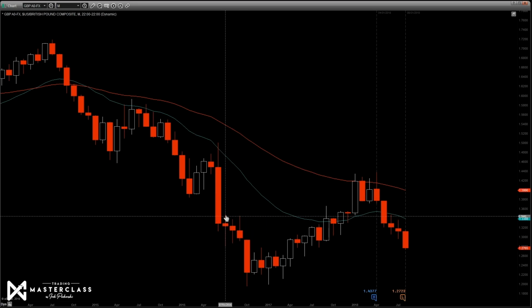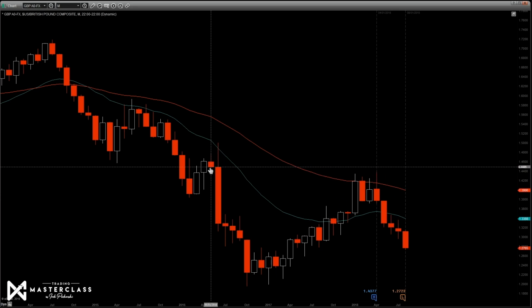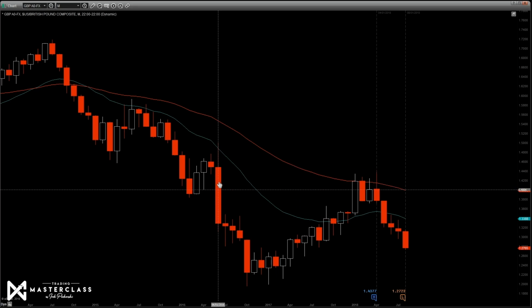So the wicks, that's the extremes in price that day. When you're looking at this candle right here, this big one, this candle closed at this price, opened at this price. Then during that day, this is a monthly chart, so during this month, price action went up.